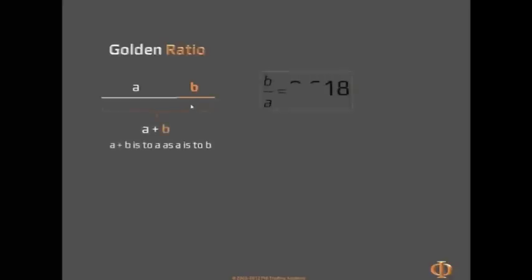So, you remember Pythagoras from school? He said that if you have a straight line, AB, then there is a point on this line that is unique, one of a kind, not in the middle, a little to the right. You know why this point is unique? Because if you divide B with A, you will get the same number that you would get if you divide A with A plus B, and this number is 0.618.